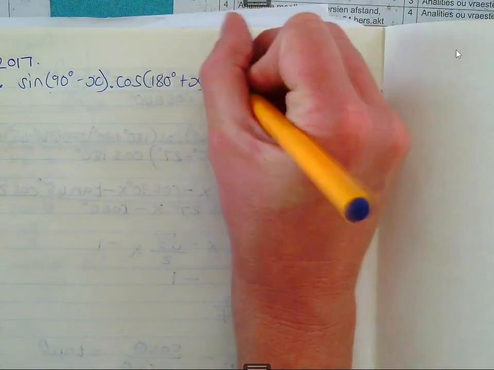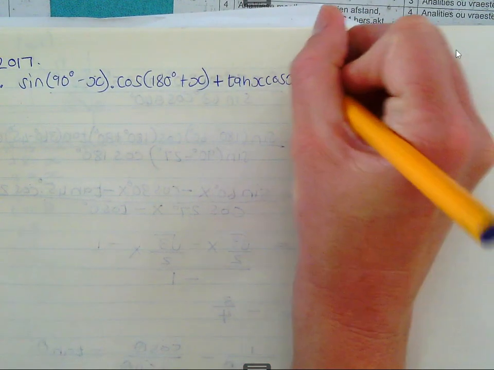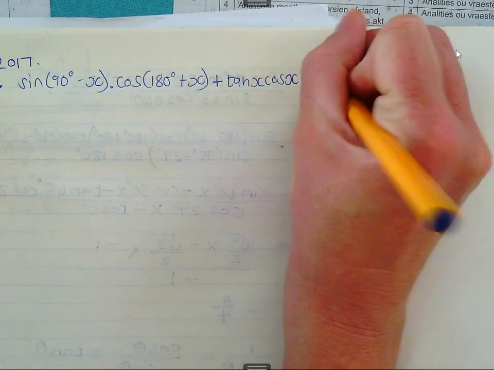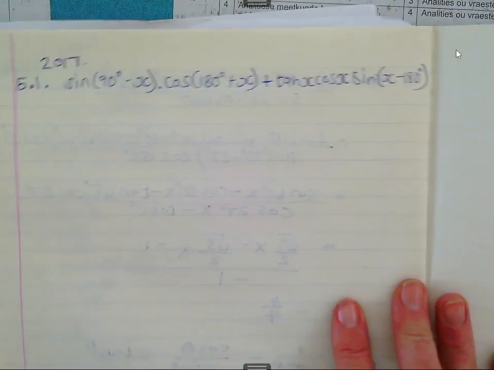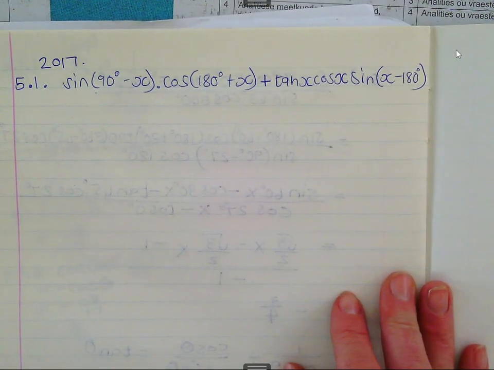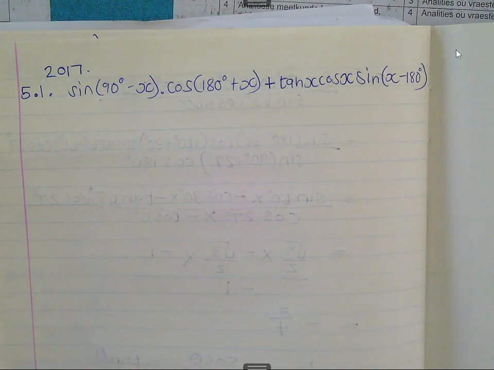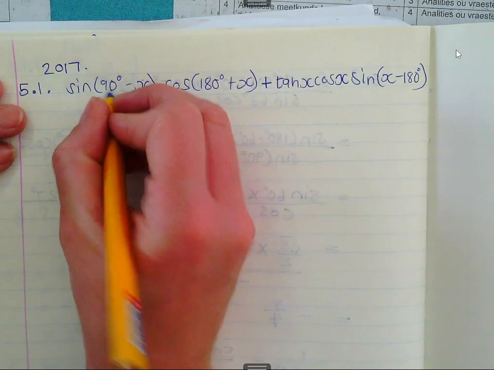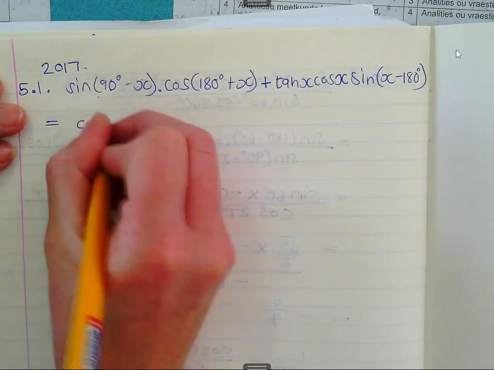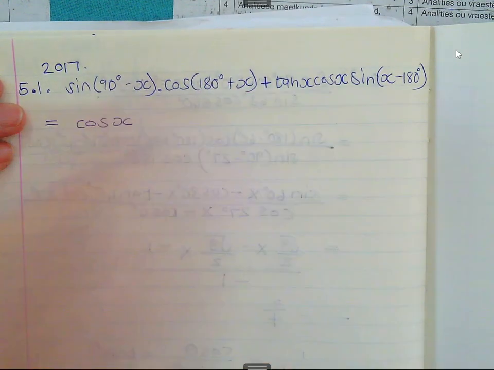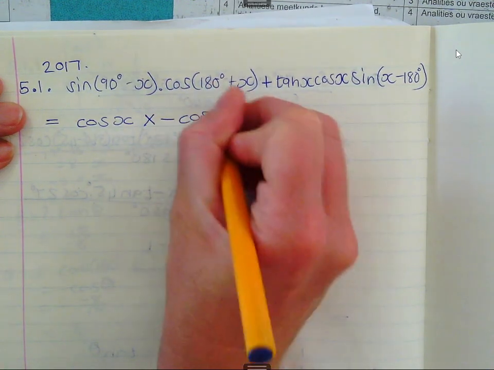Plus tan x cos x and then sin(x minus 180). Do you notice the difference between this one and the one in the previous paper? This is now the one where the angles are variables, so it's not the special angle one. This is in the first quadrant, which makes it positive, but it becomes cos x. This one is in the third quadrant, therefore it becomes negative cos x.